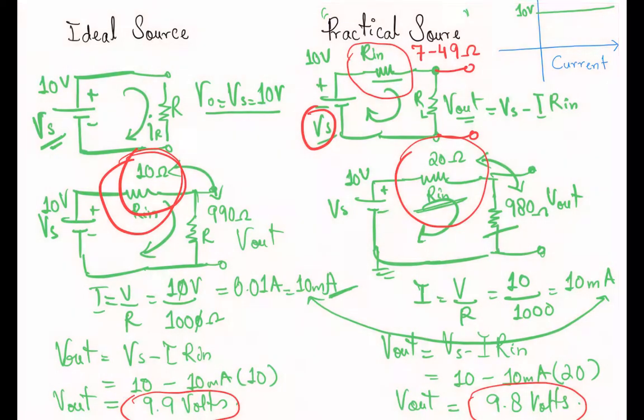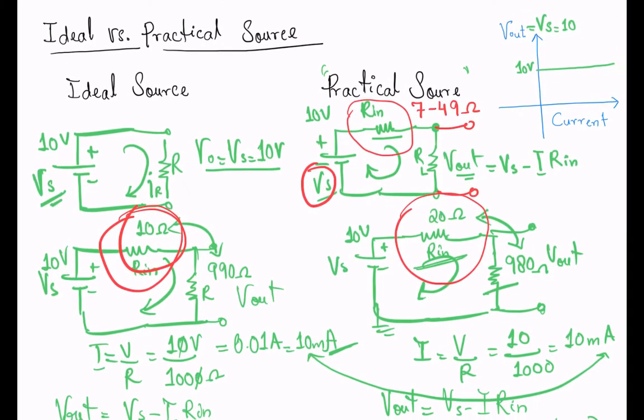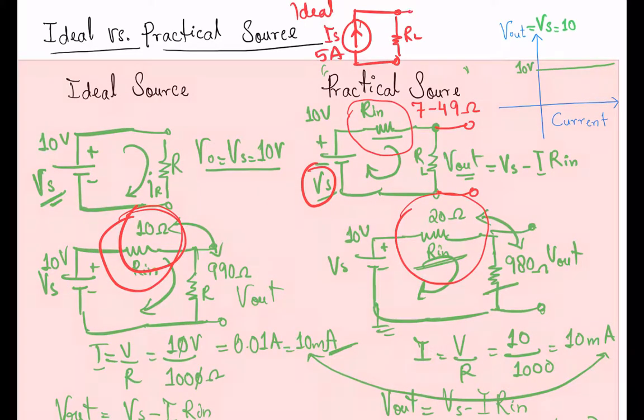So that's the basic difference between an ideal source and a practical source. Similarly, if you take a current source and hook it up to some load, this is an ideal source, with Is at 5 amps. At the output, the current flowing through this RL is also 5 amps.